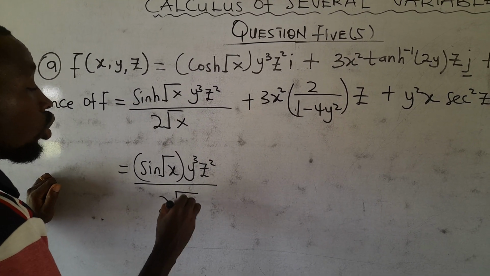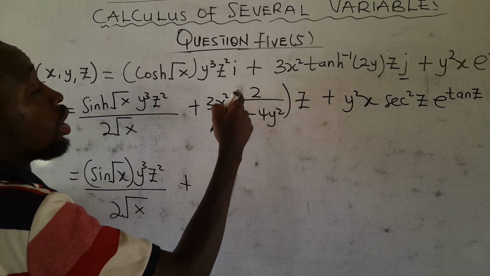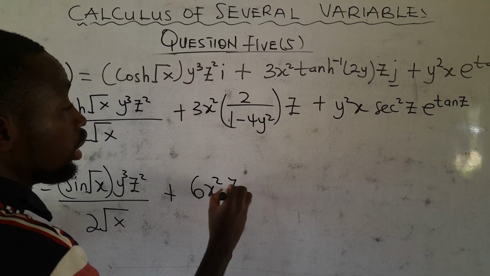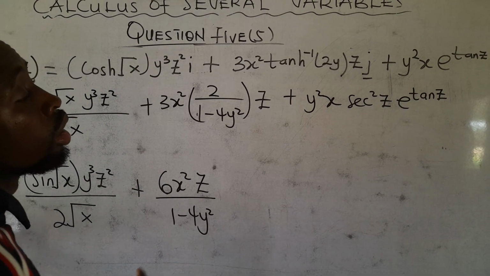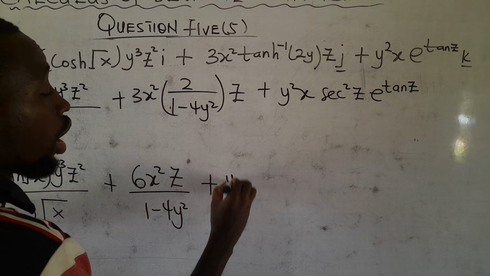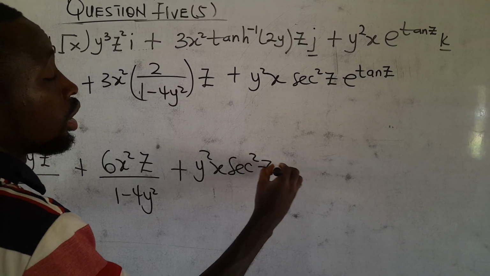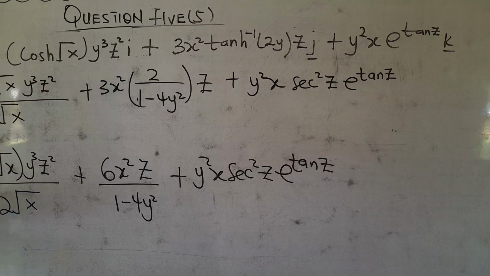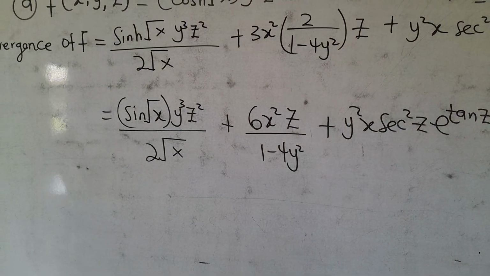Then 2 the square root of x, then plus 3x squared times 2, that will be 6x squared z all over 1 minus 4y squared, then plus our y squared x sec squared z e exponent tan z. Then this becomes the divergence of our vector field. I hope you get that. This is the A aspect of question 5.